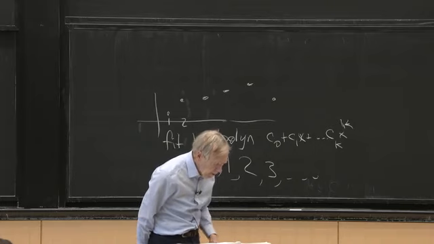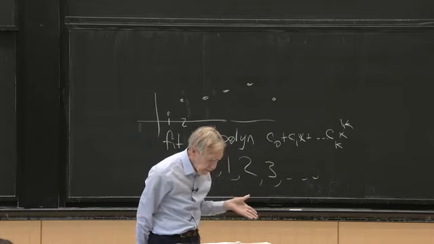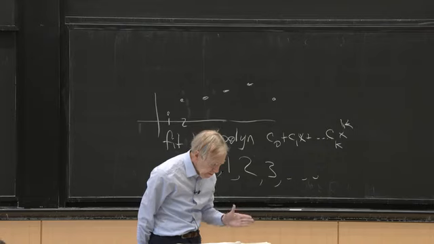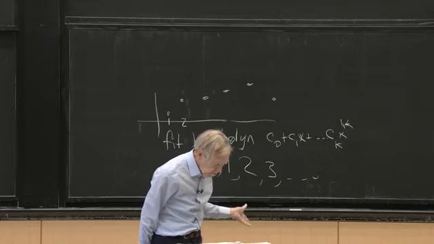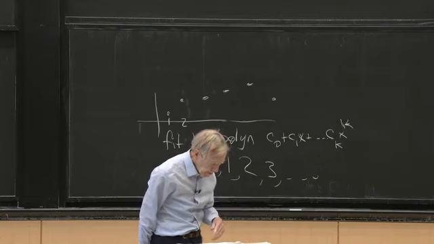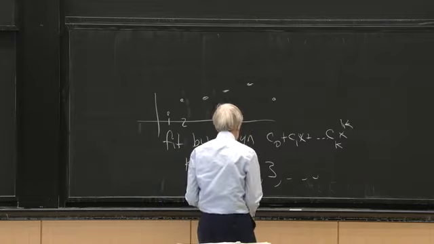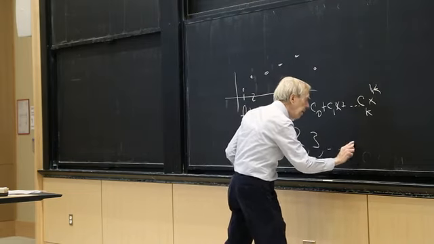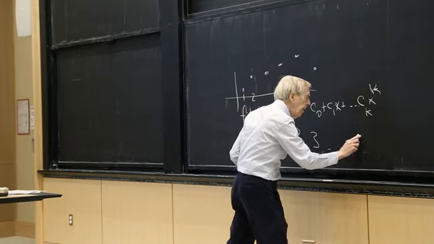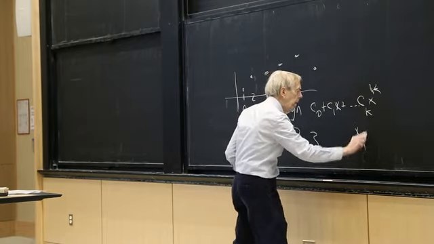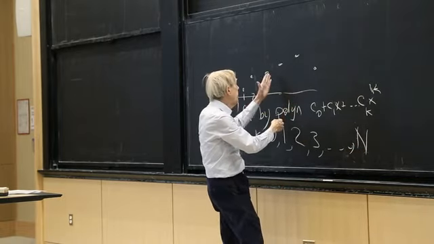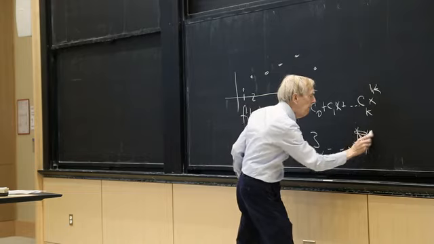The m is the number of points, but k varies up to n, up to 6, let's say.